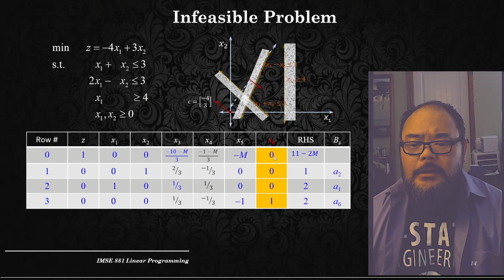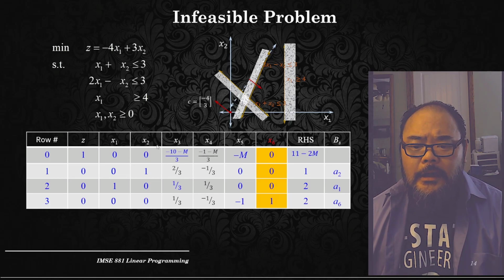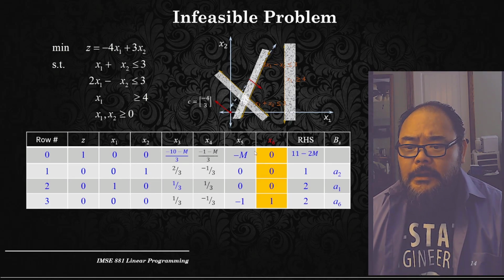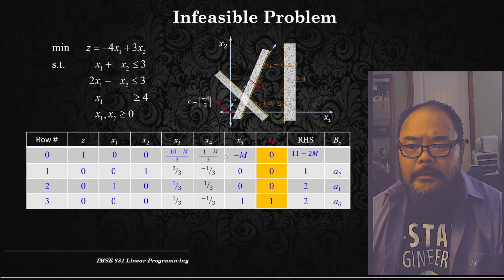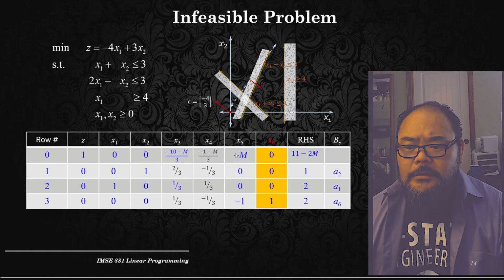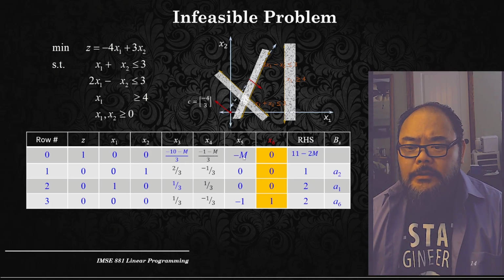Currently x6, x2, and x1 are in the basis, and this is the current optimal tableau. All the zj minus cj are negative, so there's no way we can improve this objective function anymore.